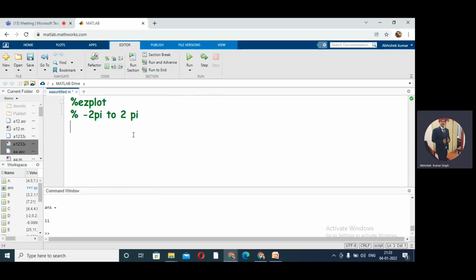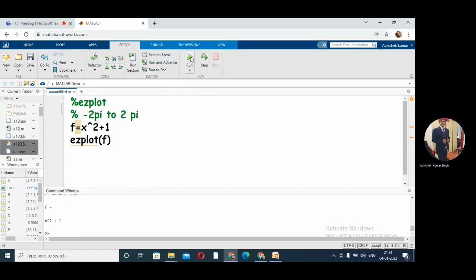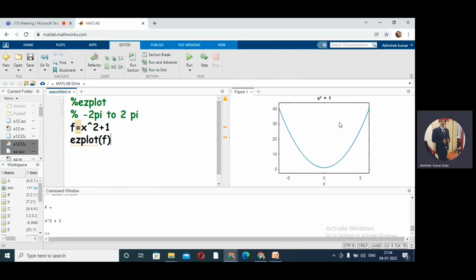Let's see. Okay, suppose f equal to x square plus 1. Fine. So EZ plot of f. Let us see, are we getting an answer or some error is coming? Yes, can you see that?